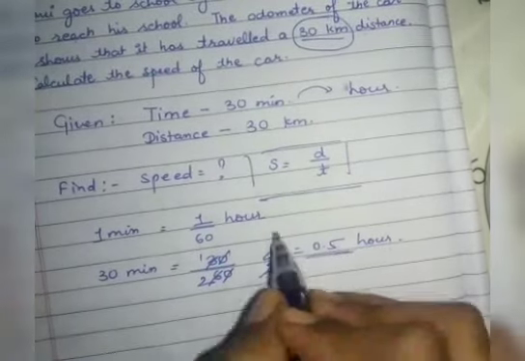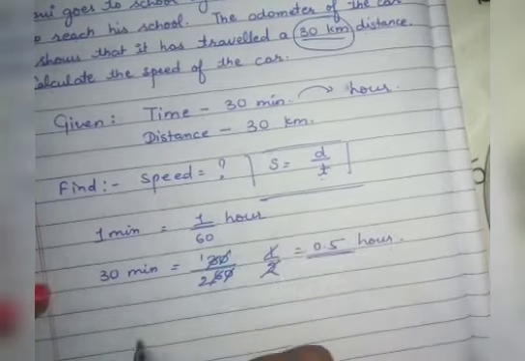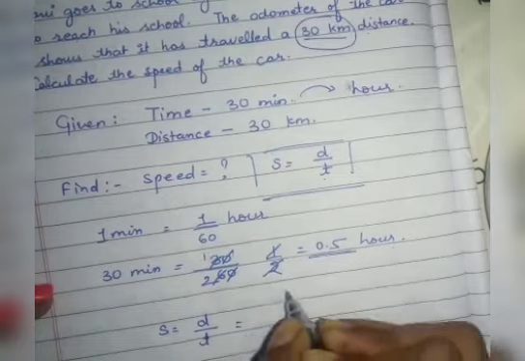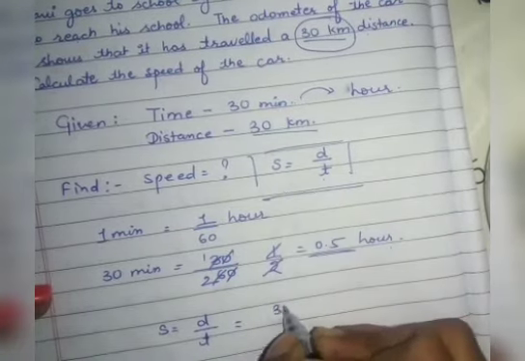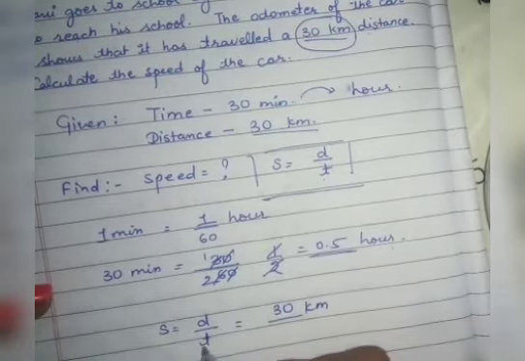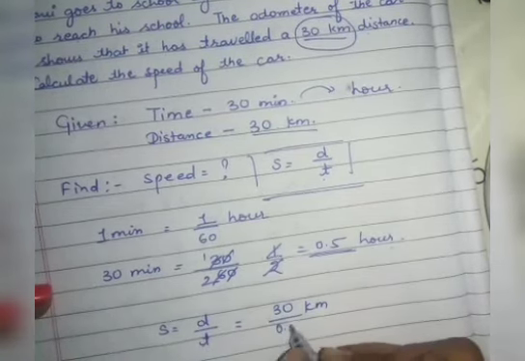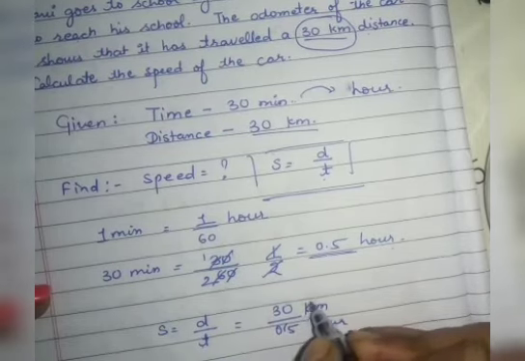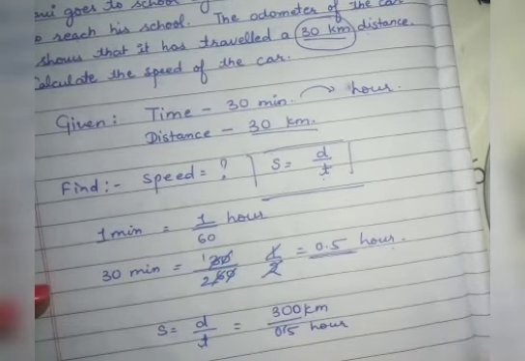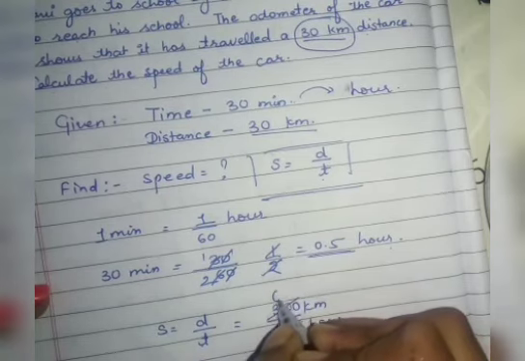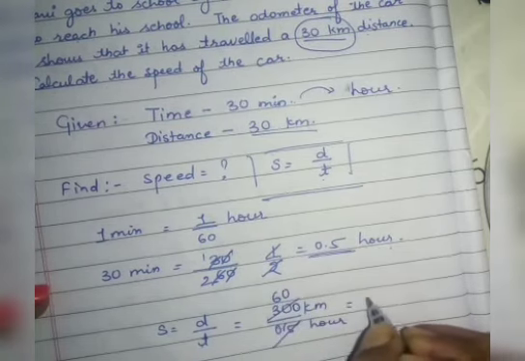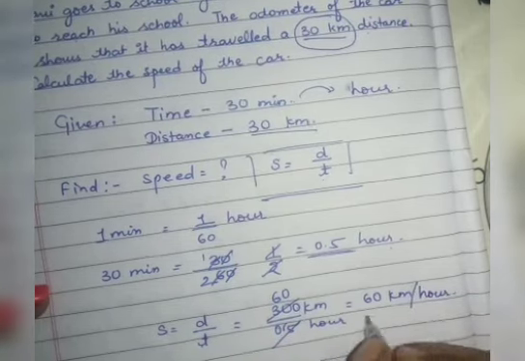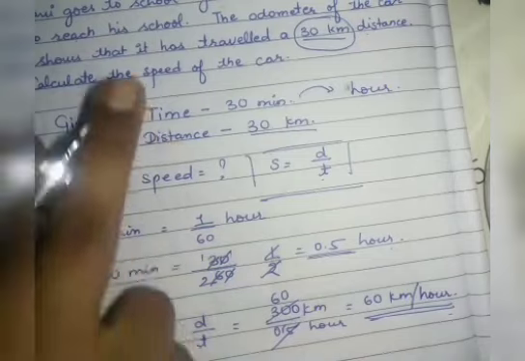Put this value in the numerical and solve it. So s equals d upon t. d equals 30 kilometer, t equals 0.5 hour. Remove the decimal and add a 0 in the numerator: 30 becomes 300 divided by 5, which gives 60. The unit is kilometer per hour. This is the answer of this numerical.